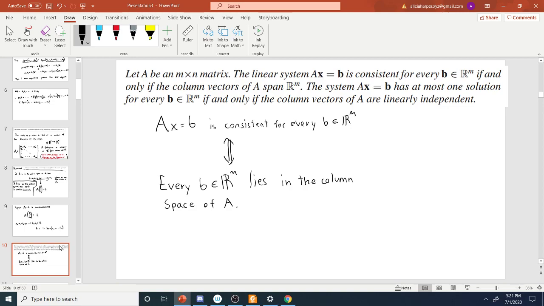Because if every B lies in the column space of A, this is the same thing as saying the columns of A span Rm. And so that completes the proof of the first part of this statement.